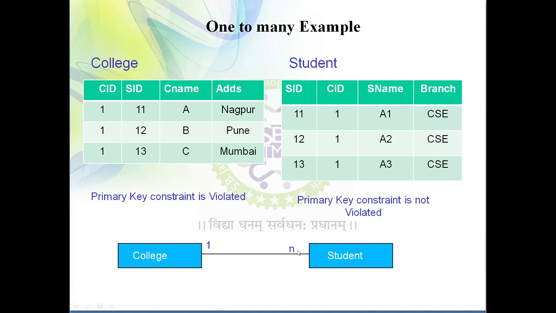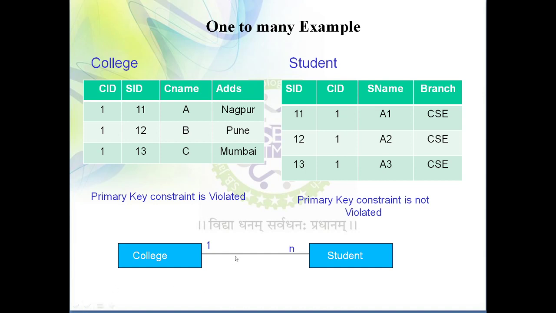I told you earlier that multiple conventions can be used to represent a type of relationship, but a very easy convention is to represent one we use digit 1, and to represent many we use alphabet n. So I hope you understand one to many kind of relationship. So for one to many relationship, we do not require a third table.